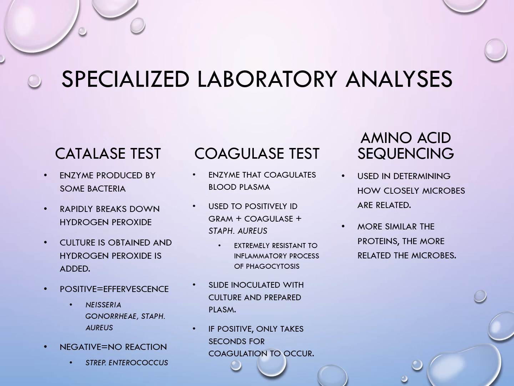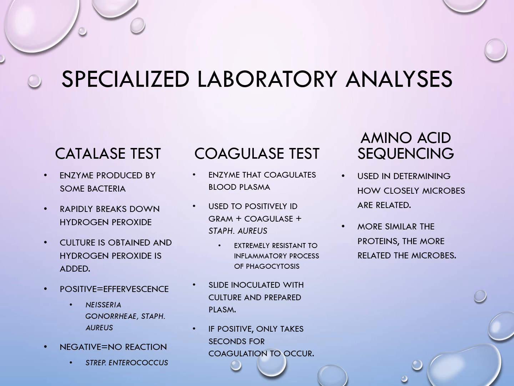So an example of a positive catalase test would be Neisseria gonorrhoeae and Staph aureus, and then negative would be strep and enterococcus. And secondly, let's talk about the coagulase test. The coagulase test is another enzyme that is produced by some bacterial species that coagulates blood plasma.